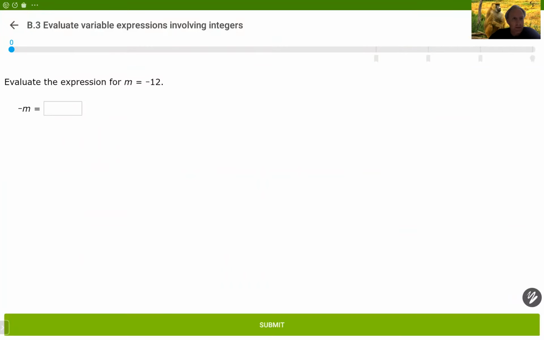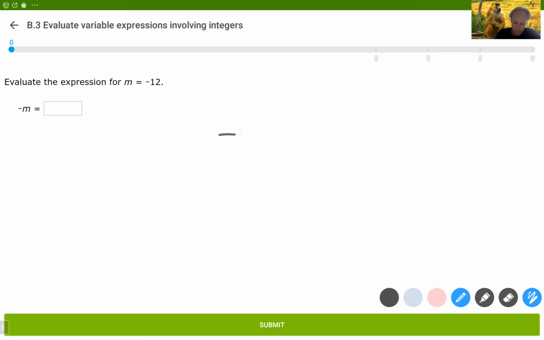Let's see. Evaluate the expression for m equals -12. This is a tough one. A lot of people get confused because they see the negative in front of the m. One way to read that is the opposite of m. And the best option anytime you're dealing with a variable expression is to substitute inside parentheses.